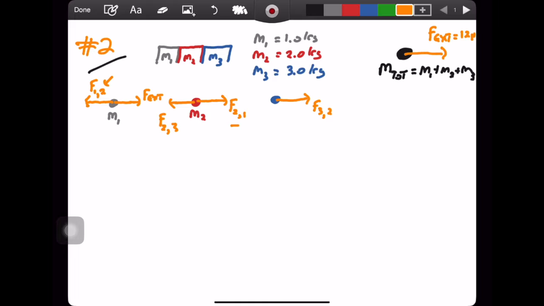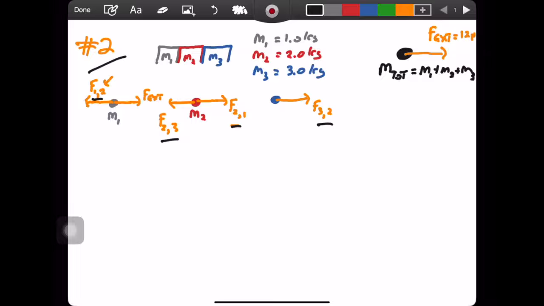So this force on 3 from 2, that's equal and opposite the force on 2 from 3. This is a Newton's third law pair. Just like the force on 2 from 1 is opposite the force on 1 from 2. Those are equal and opposite. So originally we had an external force on the first mass, and you can imagine the masses bumping against each other, the force propagates through.